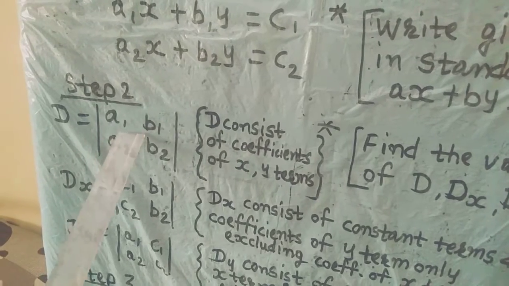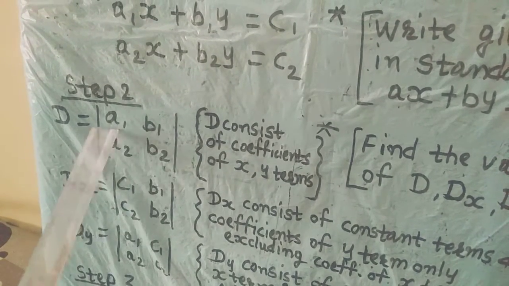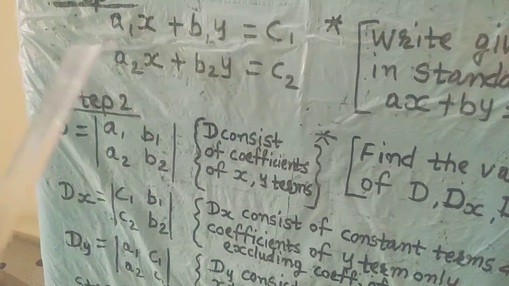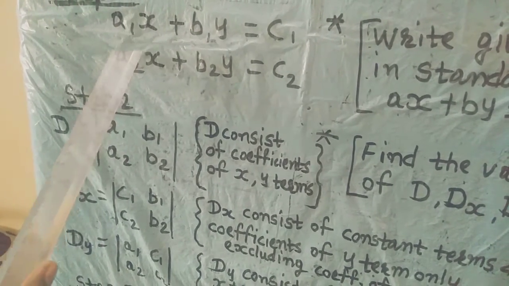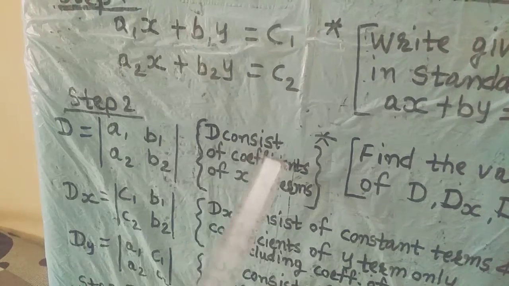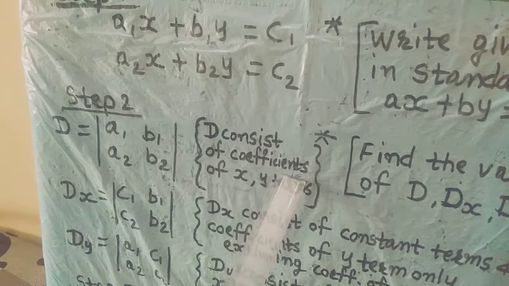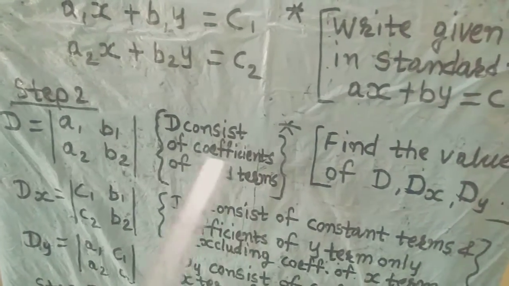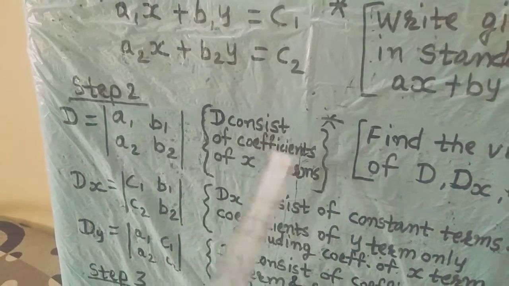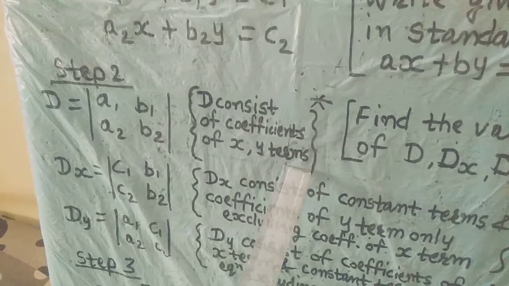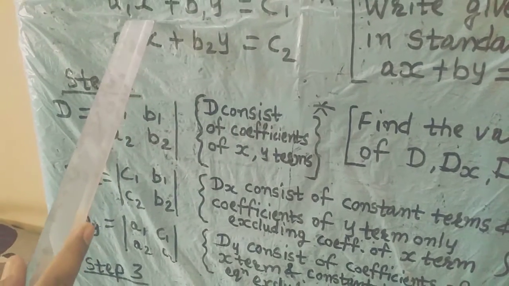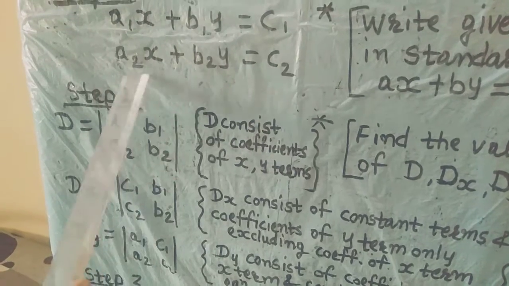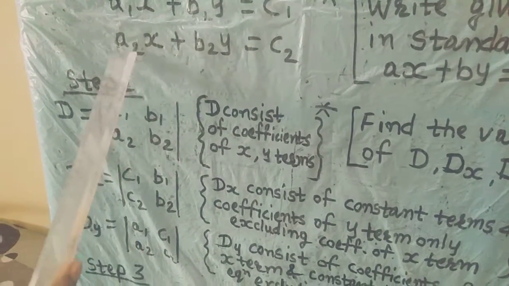Now observe these values and compare with our equations. D consists of the coefficients of the x and y terms, that is a1, b1, a2, b2.